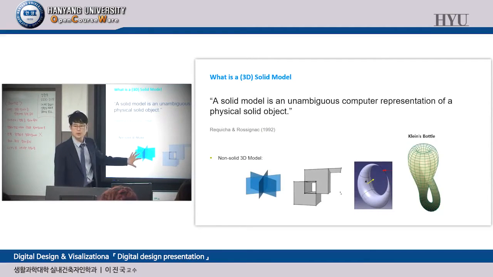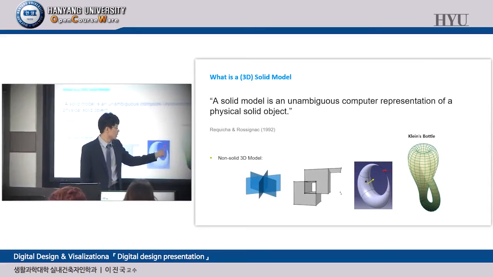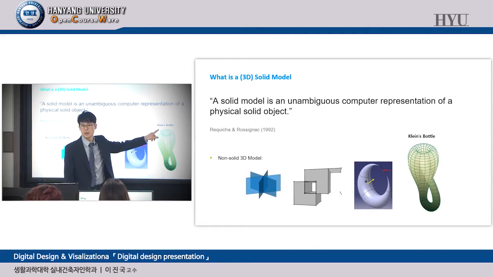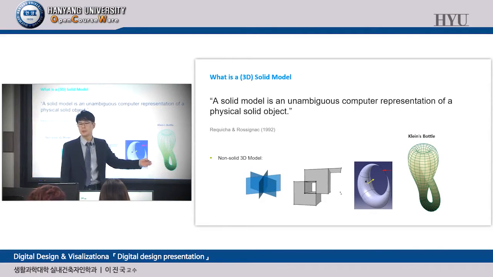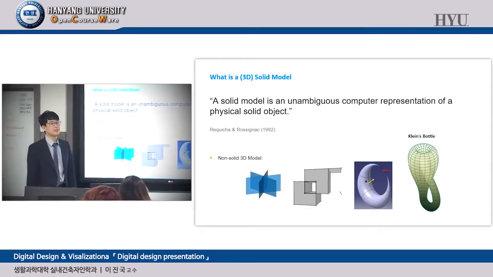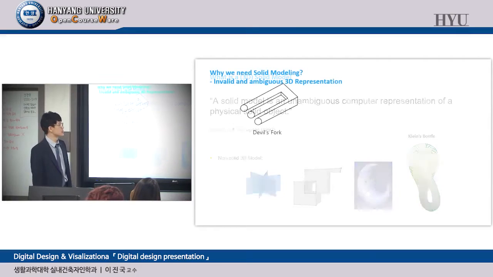So those are non-solid surfaces, a dangling single surface, a line. In the real world there is no line, okay? No line object. Klein's bottle, this one doesn't have inside and outside, okay? 3D version of the Möbius strip, that's what I told you. So those are invalid, ill-defined 3D.